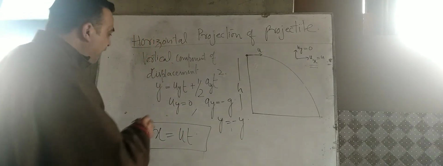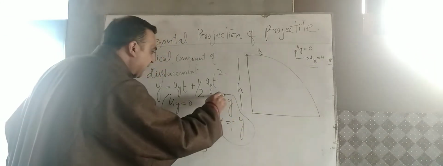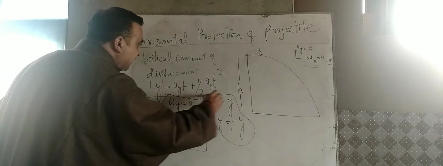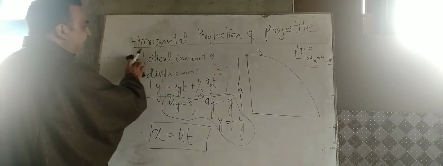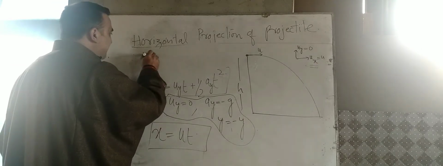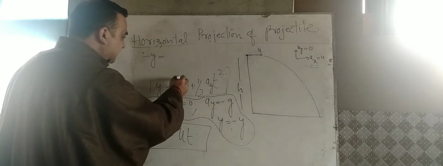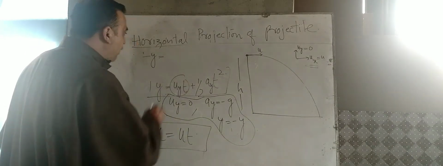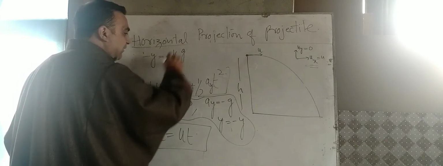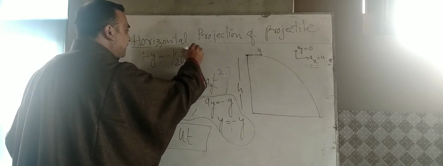Okay, when we do these substitutions in this vertical displacement, what will we get? We will get minus y = 0, because uy is 0, minus 1/2 g t², because ay is equal to minus g.